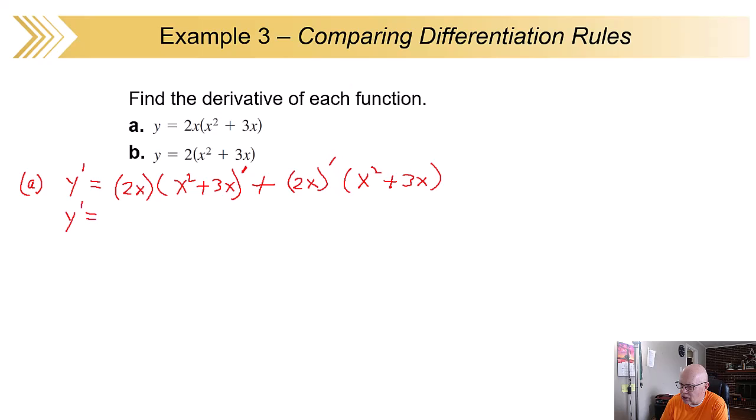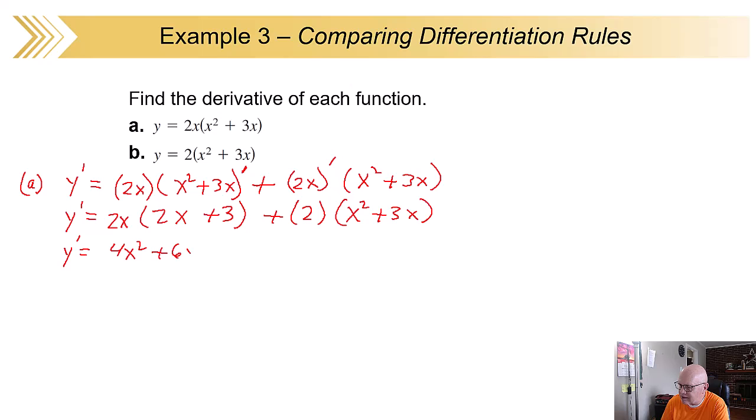Now let's see what we've got. Y prime equals 2x is 2x, nothing to do there. We need to take the derivative inside this one, so we'll have 2x plus 3. And then over here, we'll take the derivative of 2x, that's just 2, and leave this alone, x squared plus 3x. What's that give us? Let's expand on this. 2x times 2x is 4x squared. 2x times 3 is 6x.